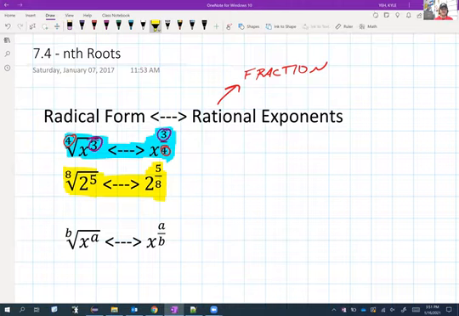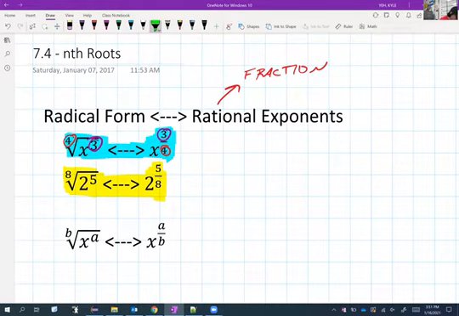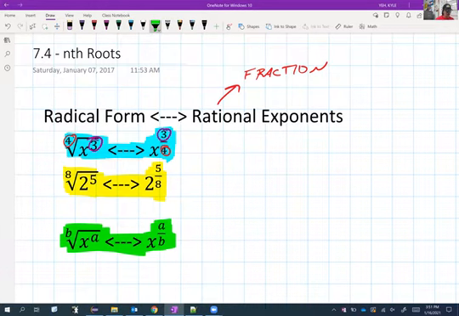We put the inside power in the numerator and the radical, the nth root, in the denominator, 2 to the 5/8. So in general, expressed generally as we often do in mathematics, the bth root of x to the a power could be written as x to the a over b.